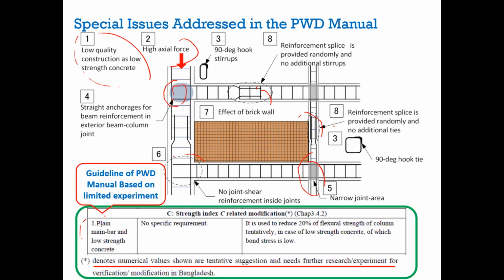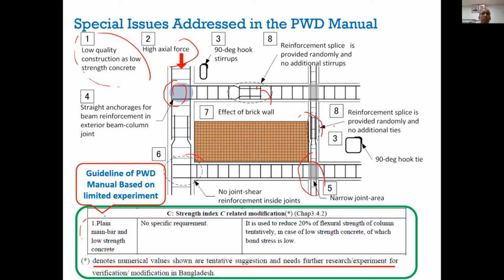Yes, sir. According to the code, the 90-degree hook is a mandatory obligation for beams, for seismic as well as non-seismic. But there was a common saying in Bangladesh, even well known in the private sector. Our manual is prepared not only for PWD buildings, but for common practice in Bangladesh.